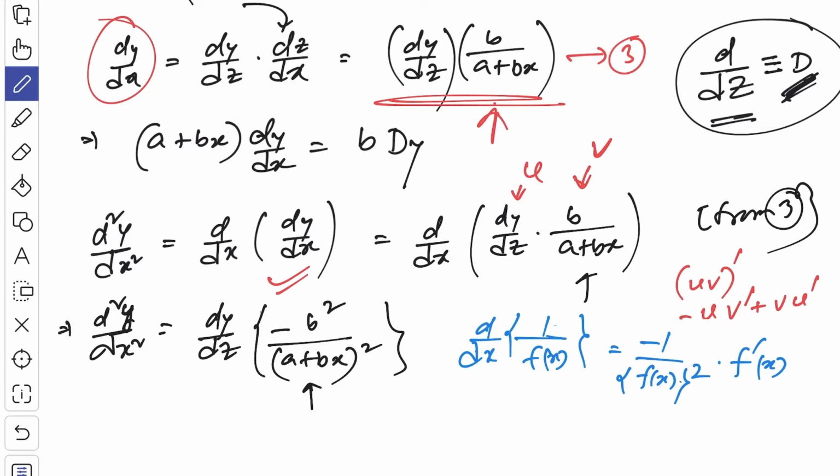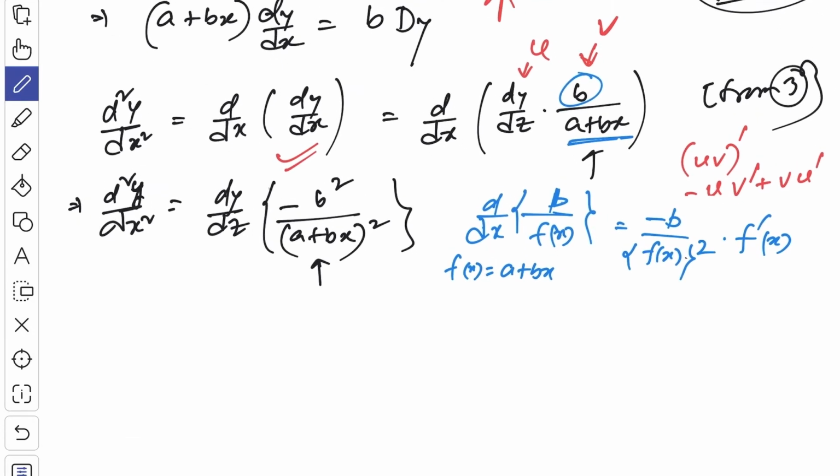So here our f of x is nothing but a plus bx. This b is constant here, so we can write b. You can imagine b here. So in this case our f of x is nothing but a plus bx, right?